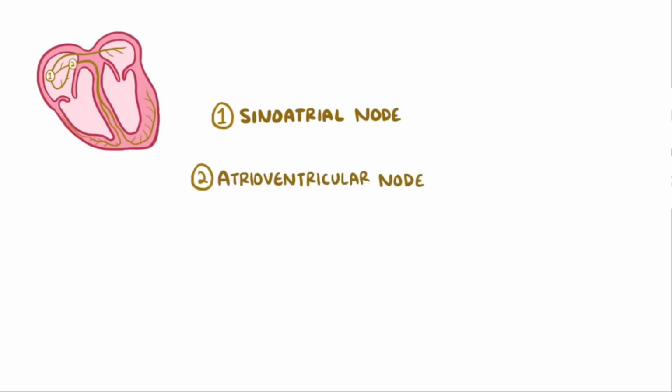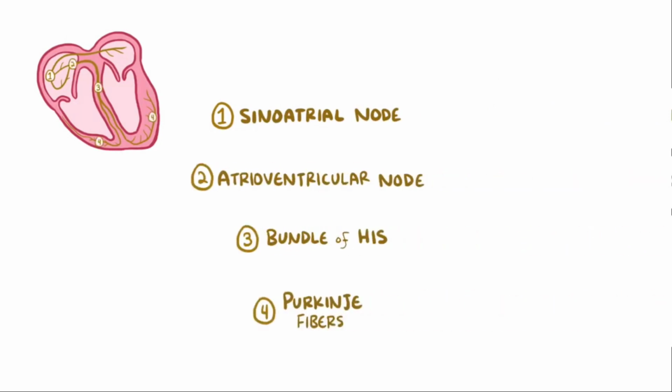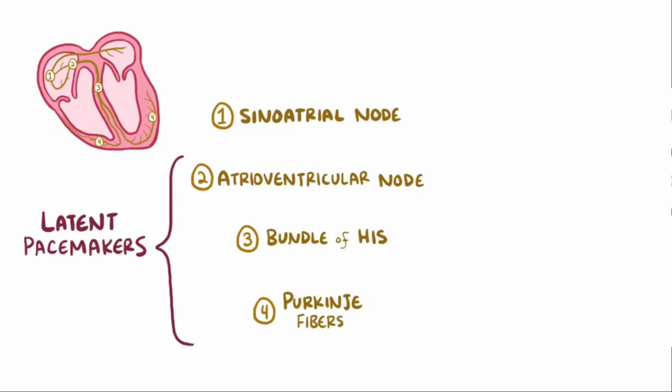Now, the interesting thing is that in addition to the pacemaker cells in the SA node, cells in the AV node, the bundle of His, and the Purkinje fibers all have the ability to generate an electrical potential. Those last 3 are called latent pacemakers, and they have slower depolarization rates, which is the rate at which they fire off electrical signals, and they get slower as you move further down.